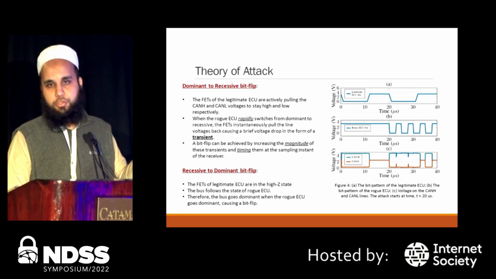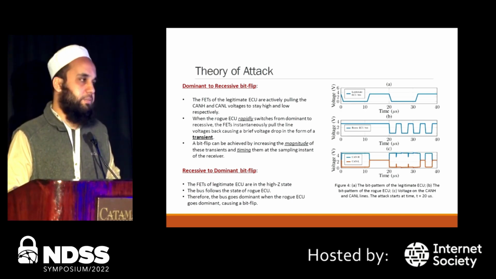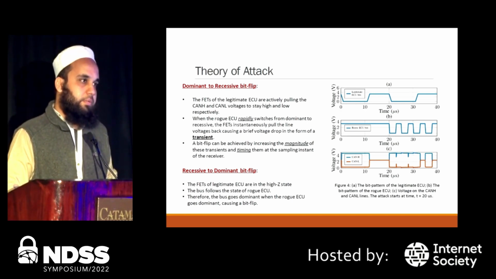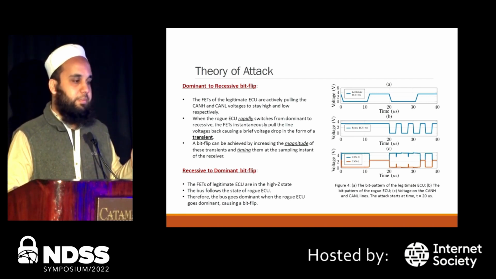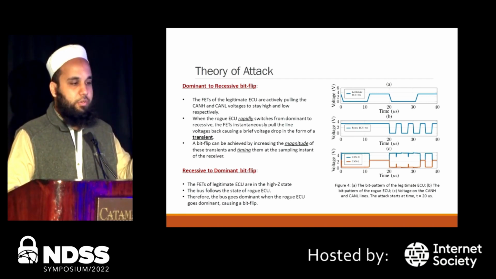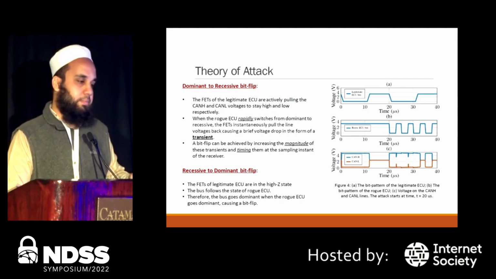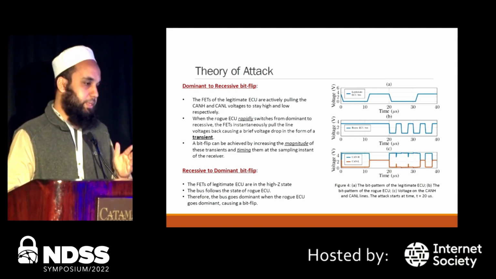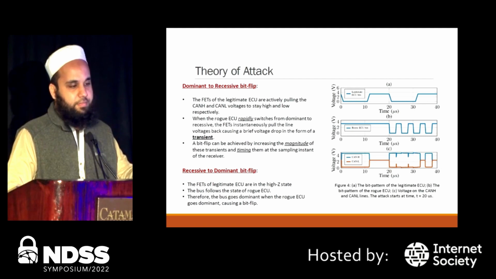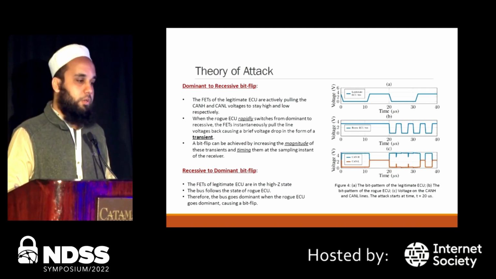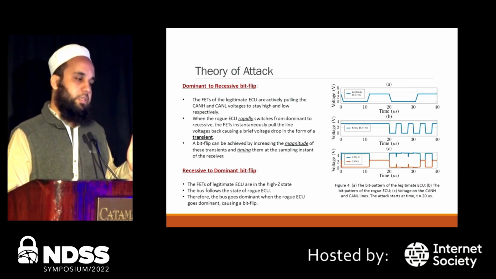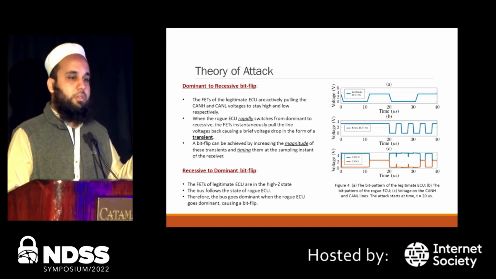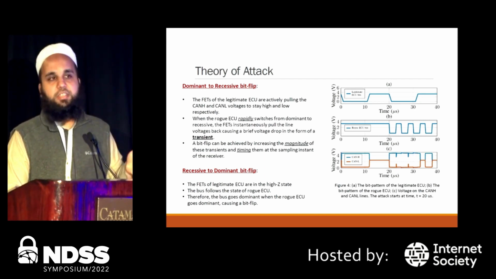The first plot shows the bits that are being transmitted by the legitimate ECU, and the second plot shows the attack starts at 20 microseconds. The rogue ECU starts transmitting at a much higher data rate from 20 microseconds. And we see the effects in plot C. Whenever the rogue ECU flips from dominant to recessive, there is a transient observed on the bus.